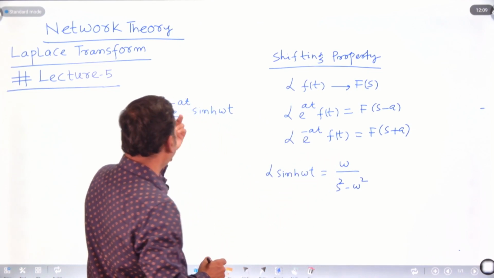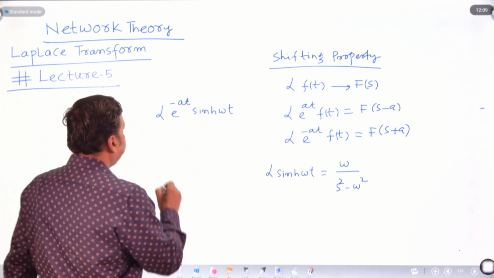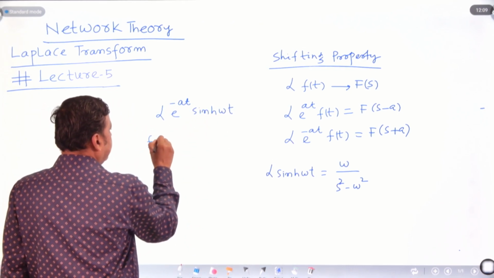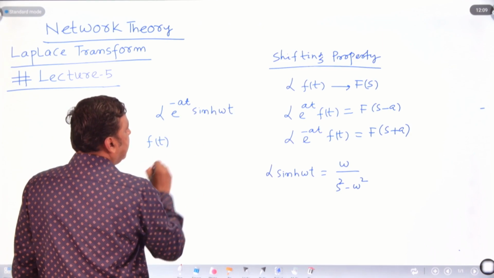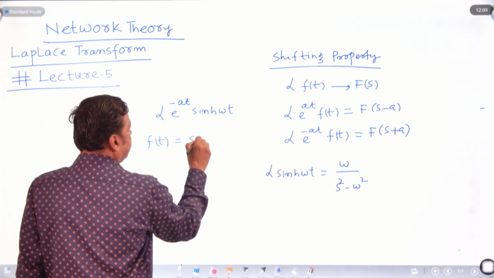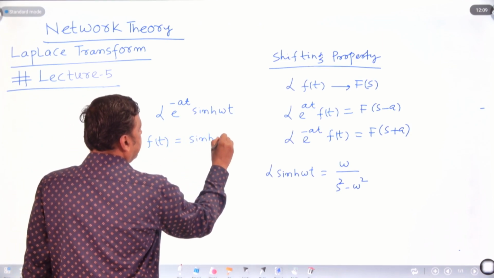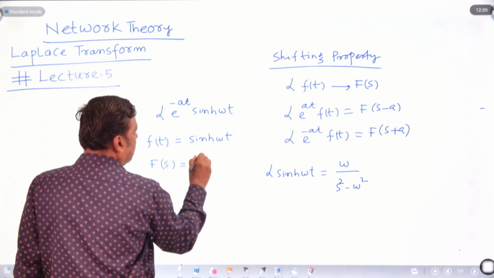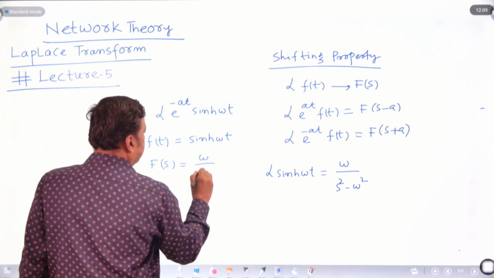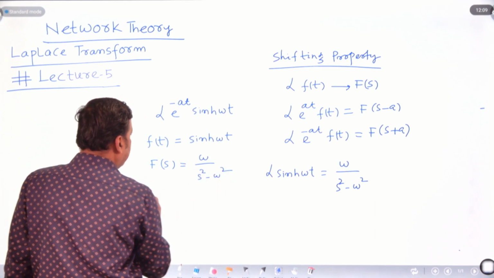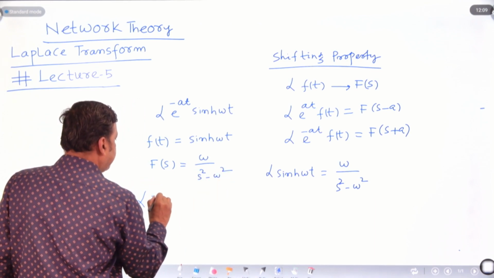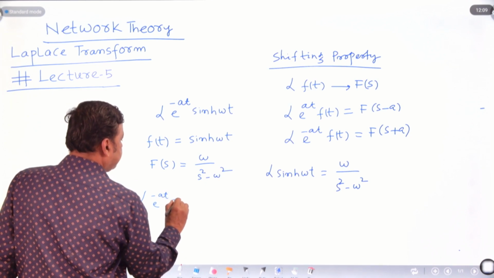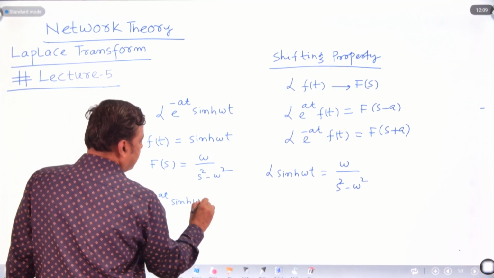Here we have e to the power minus at sinh omega t. If I say f of t, the original function is sinh omega t, so F of s equals omega by s square minus omega square. Then the Laplace transform of e to the power minus at sinh omega t is how much?